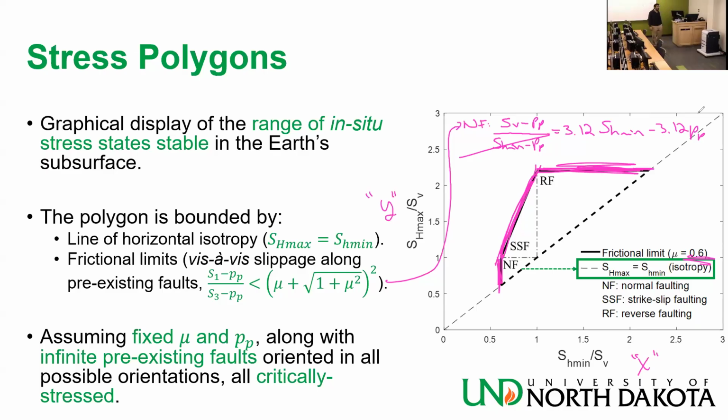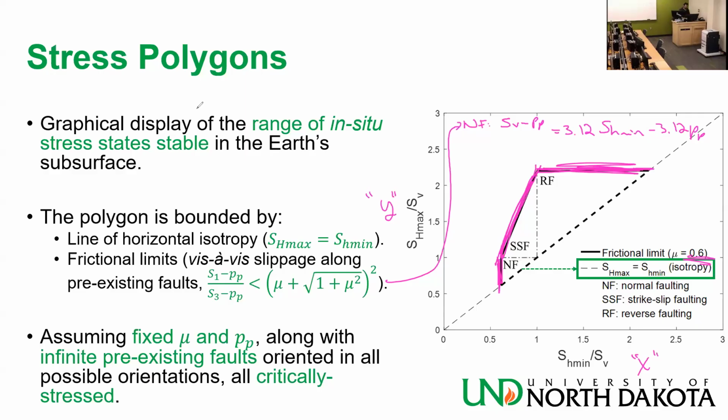Since I have SV minus PP equals 3.12 SH mean minus 3.12 PP.